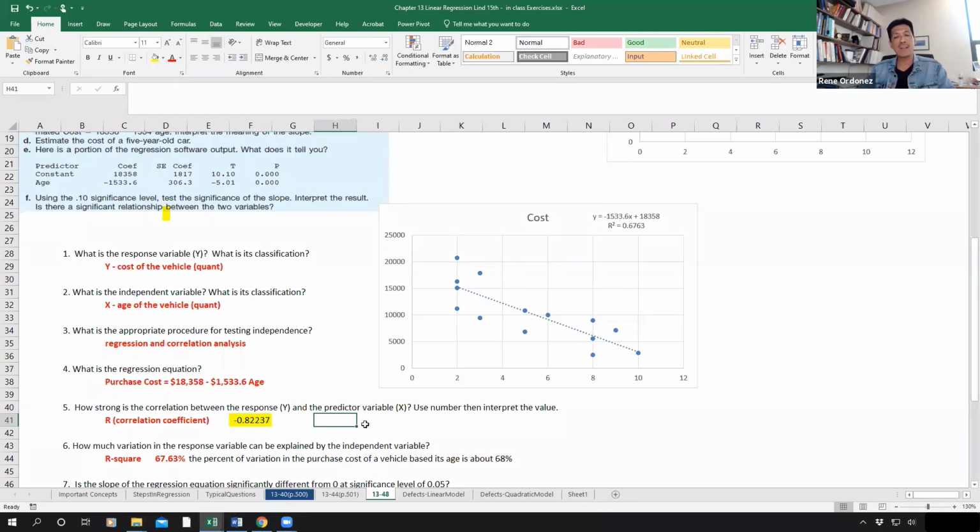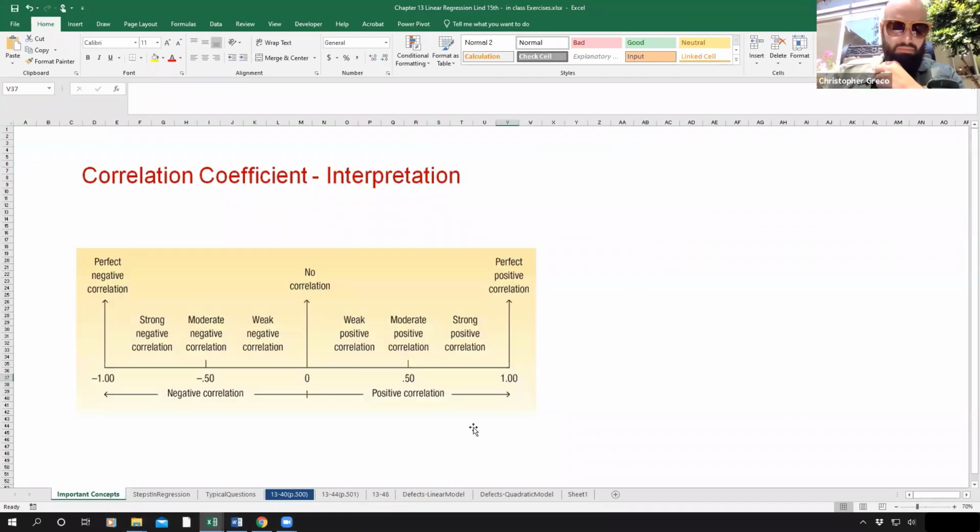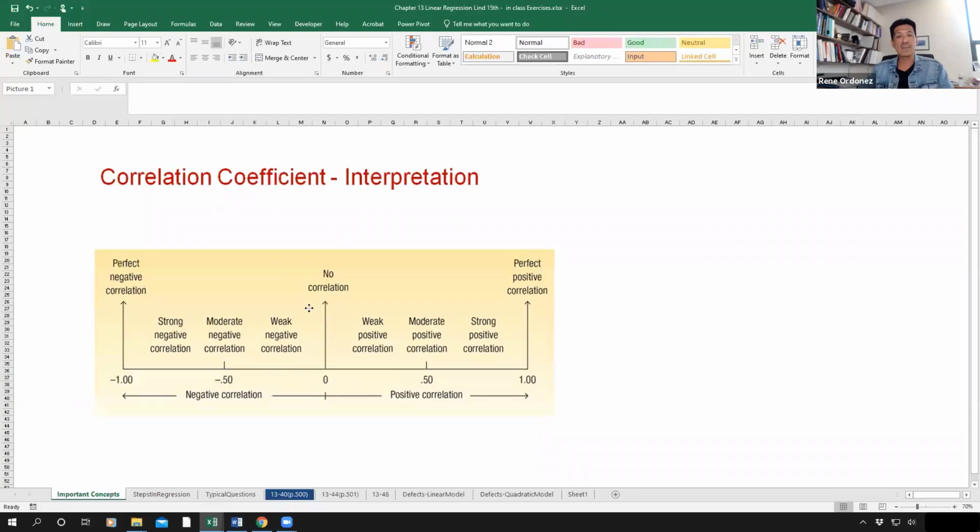Now, what if you were asked, what word or words would you use to describe the strength of the association between the cost of the vehicle and its age? Strong and negative, Chris? Strong and negative. Okay, so yeah, you would want to refer to this chart, this figure here.